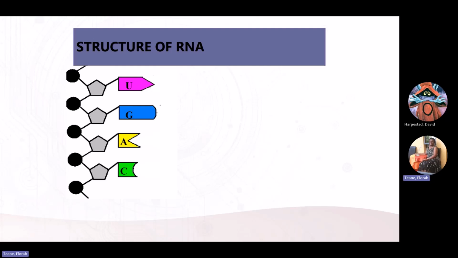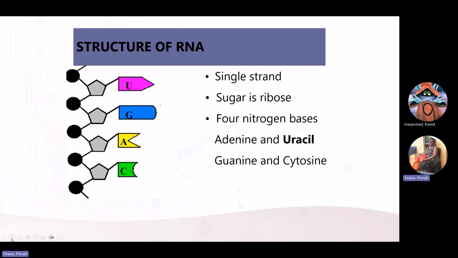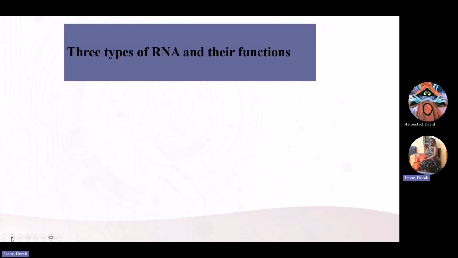Remember, the full name for RNA is ribonucleic acid. So RNA is a single strand. It has got the sugar called ribose. It has got 4 nitrogenous bases, adenine, which will always match with uracil, guanine, which will match with cytosine.